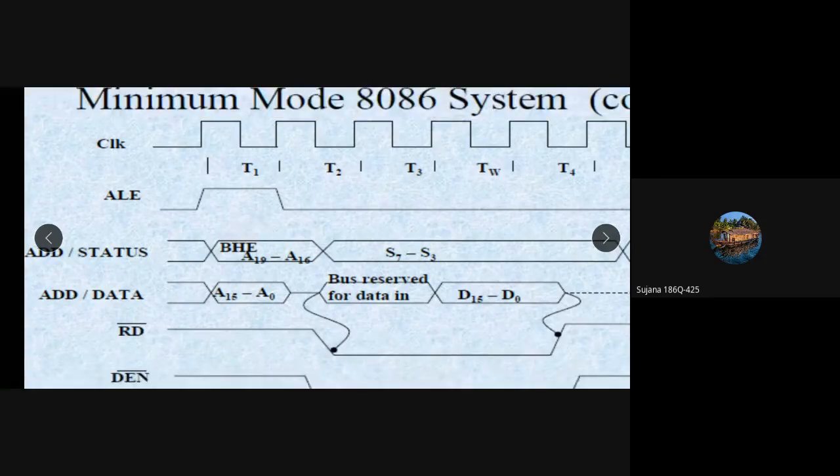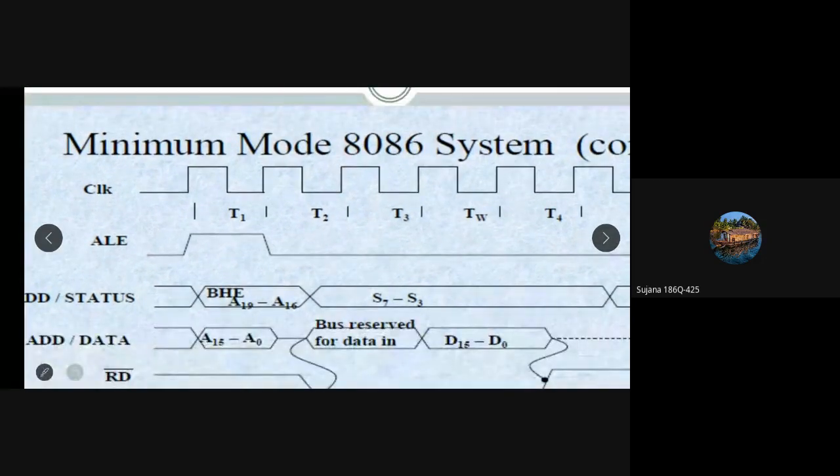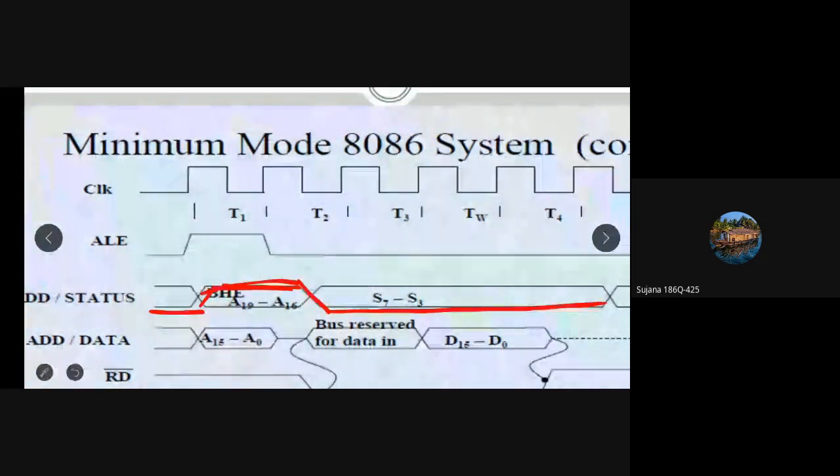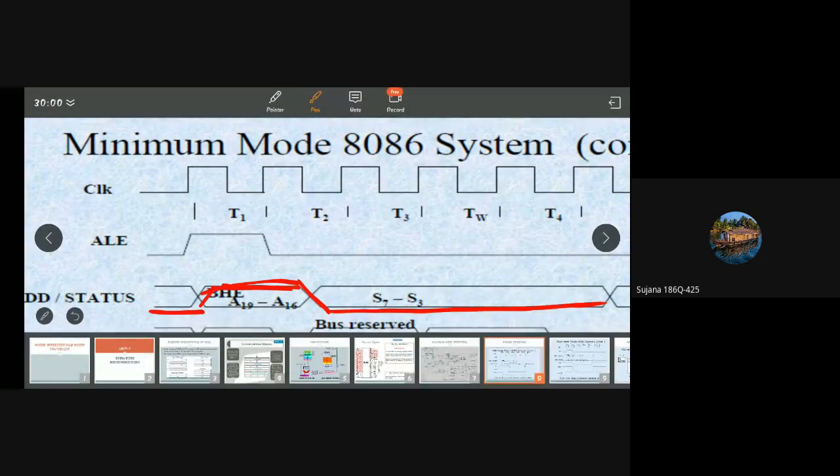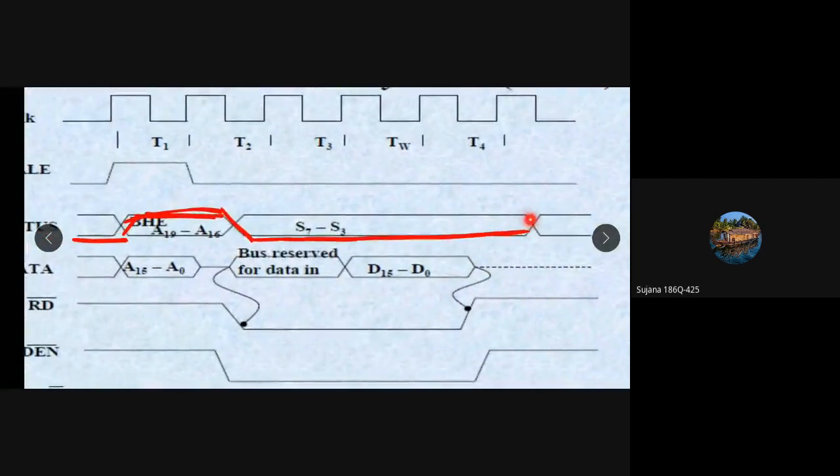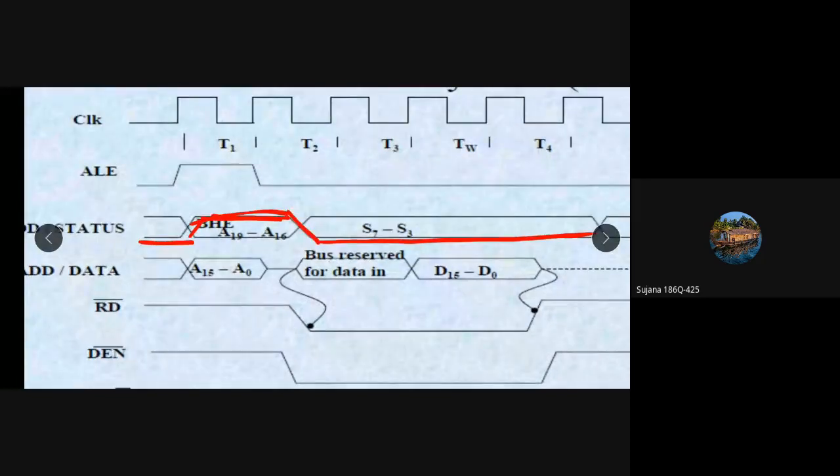At T2 it will go down, and after completion of T4 it goes high again. This is the address signal variation.